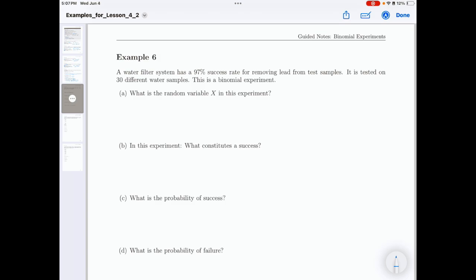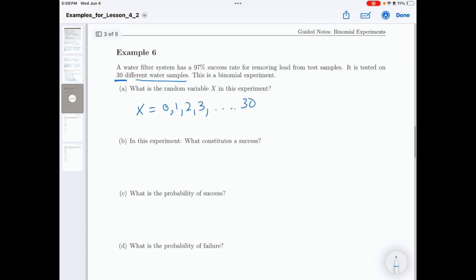Since the variable X is the number of possible successes, and because there are 30 trials in this case, because we're doing this 30 different times for different water samples, our X could be 0, 1, 2, 3, all the way up to 30. So these are our possible values for X. In this experiment, what constitutes a success?